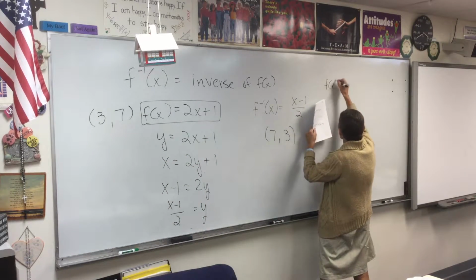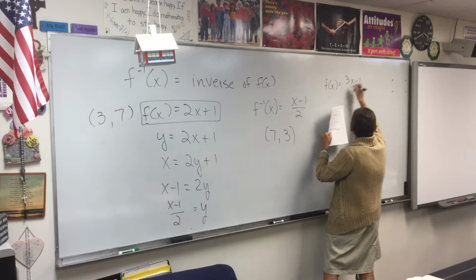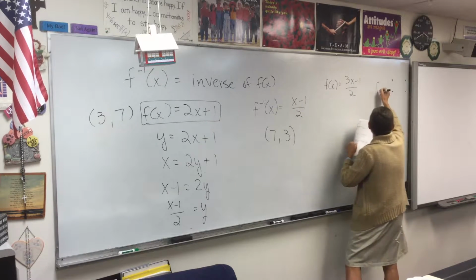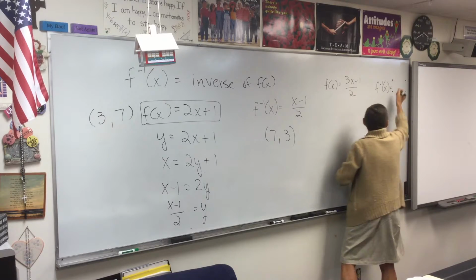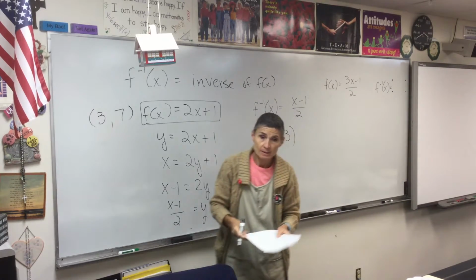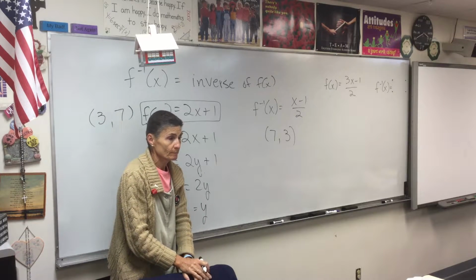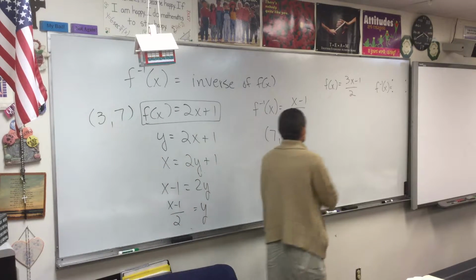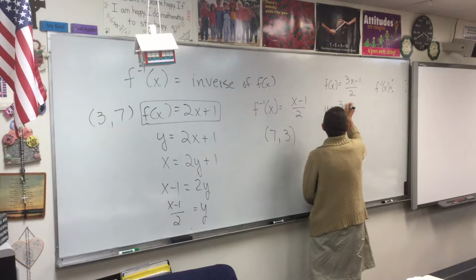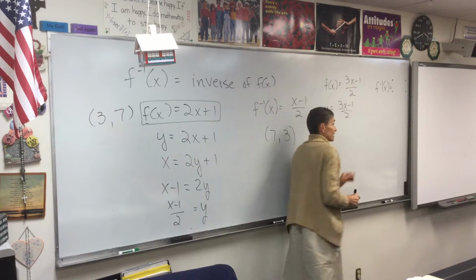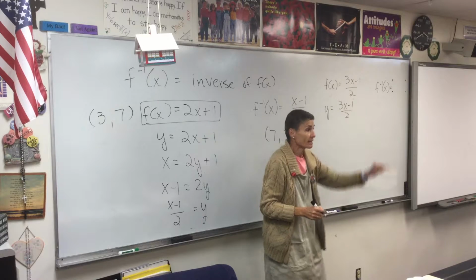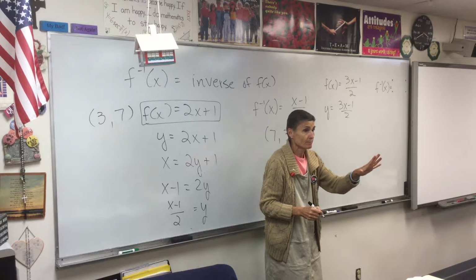Here's the original problem, and your job is to find the inverse. All right, so who remembers from the example we just did? What are we going to do first? Y. Yep, we're going to change our f of x to y, so that we can do the next step, which is what?